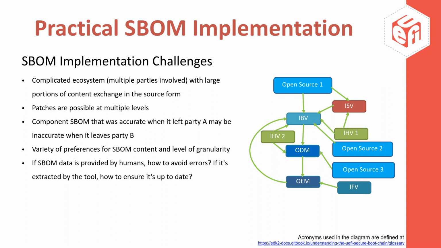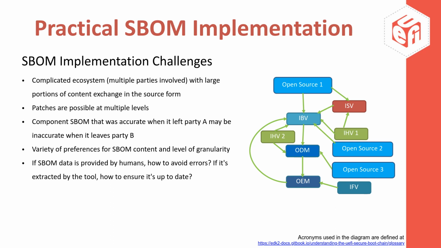Another challenge is the complicated ecosystem we're dealing with. Modern firmware goes through many different steps, and there are many different actors involved. So I tried to come up with a sample graph of where different firmware components can originate from and how they can transition. We're dealing typically with several open source projects.